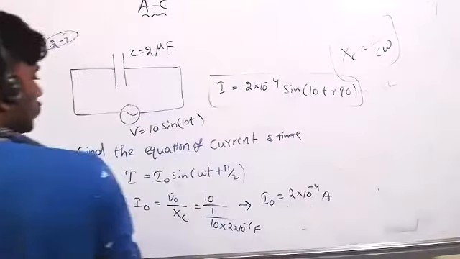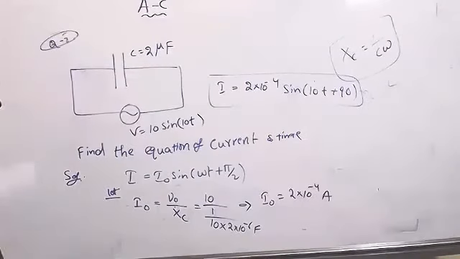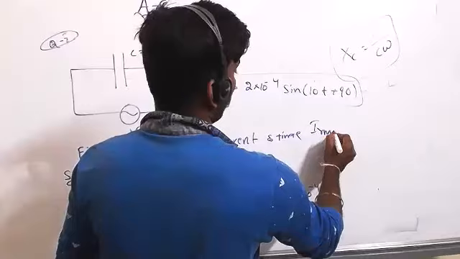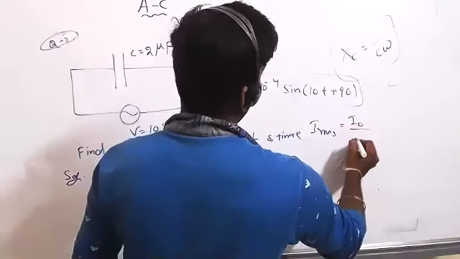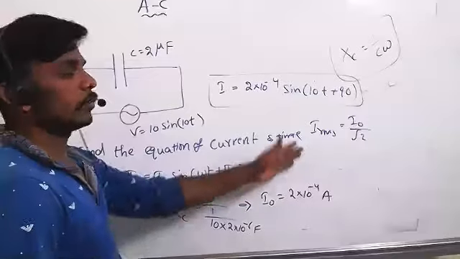That is the current equation. If they ask you to find IRMS, IRMS equal to I naught by root 2. Substitute I naught by root 2.